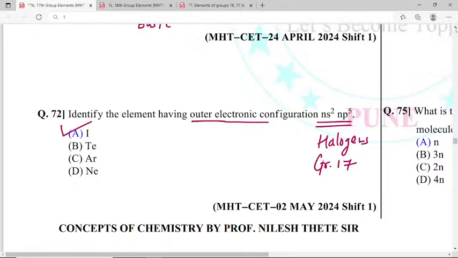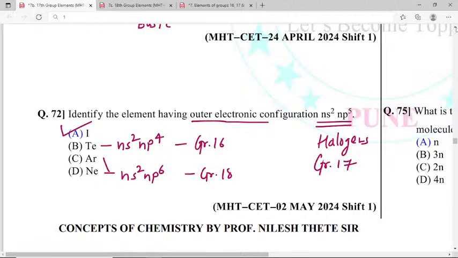And if the question asks, neon is ns2np6. Argon is also there, neon and argon are the same. Tellurium is ns2np4, a group 16 element. This is group number 16. This is group number 18.